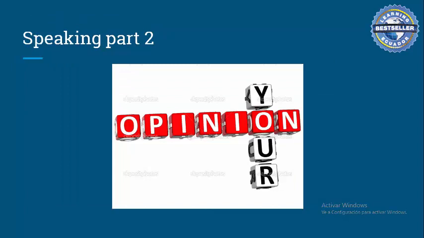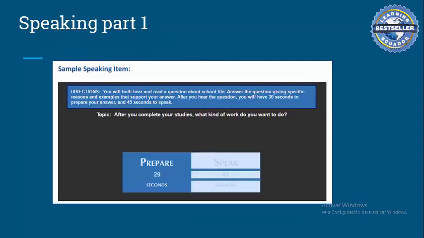Now, let me explain a little bit what happens or what's expected in speaking part 1. Speaking part 1 asks for a brief response to a getting to know you type of question. 30 seconds are given for preparation and 45 seconds for speaking a response.